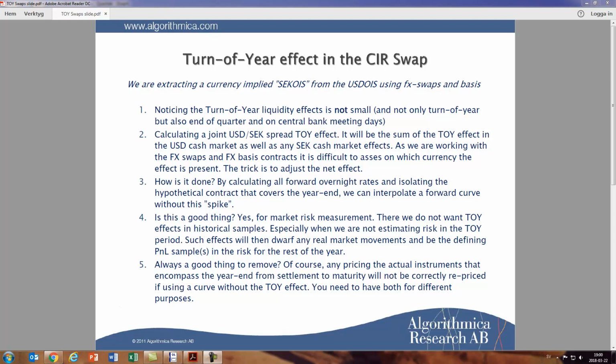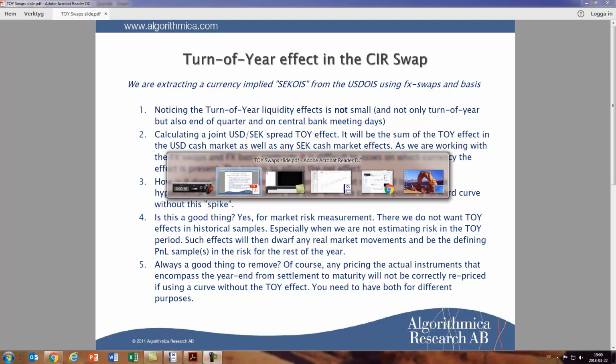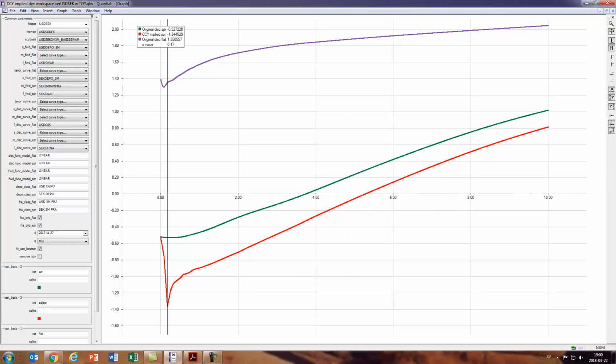So let's have a look at what this looks like. We're going to turn to the swap calculator, and we can see that we have the dollar OIS and the SEK OIS, which we're not going to use. We're going to use the currency implied discounting curve instead, which is the red one.